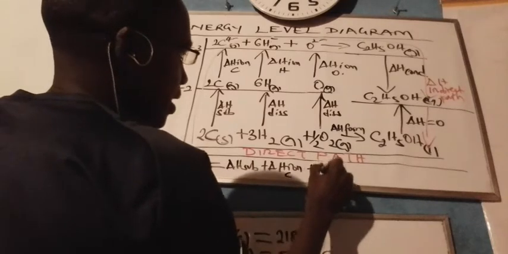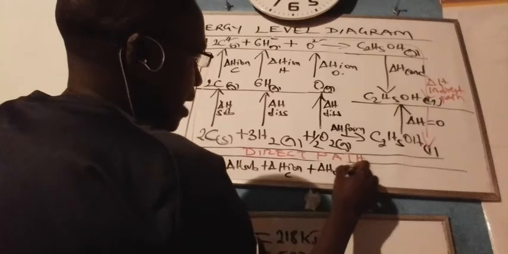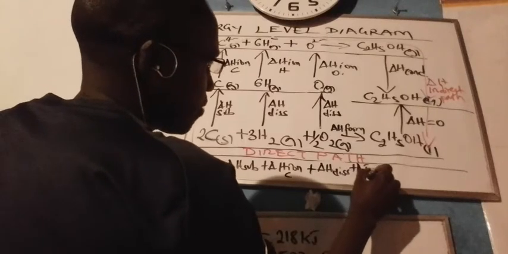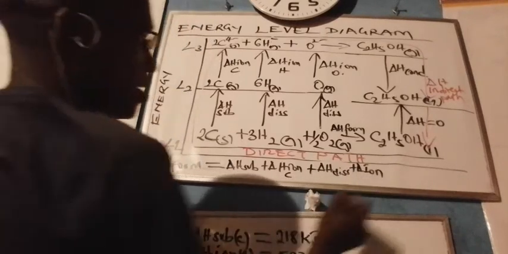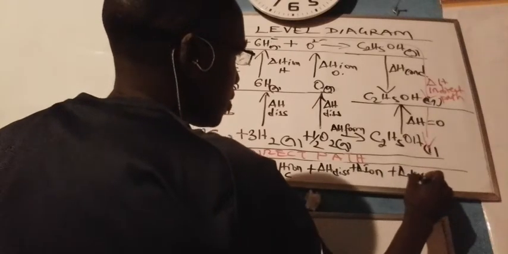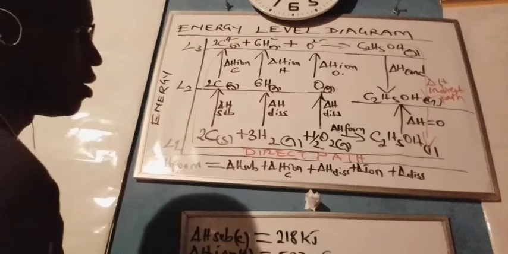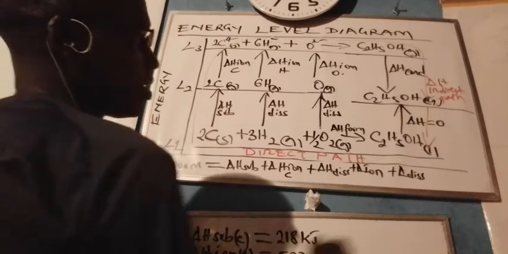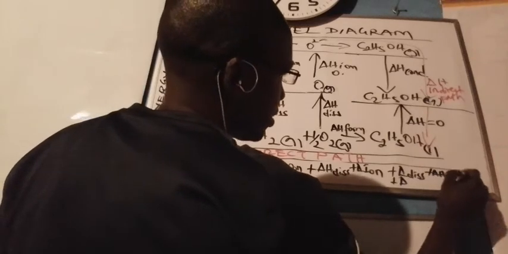Then plus delta H dissociation of hydrogen plus delta H ionization of hydrogen. Proceeding to the next, we have plus delta H dissociation of oxygen plus delta H ionization of oxygen.